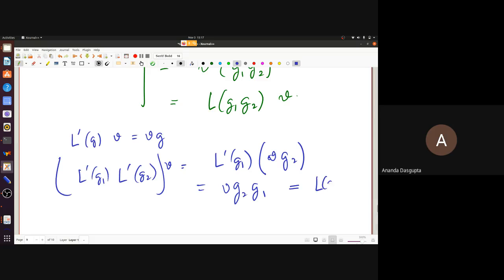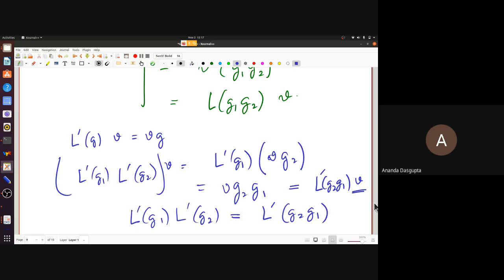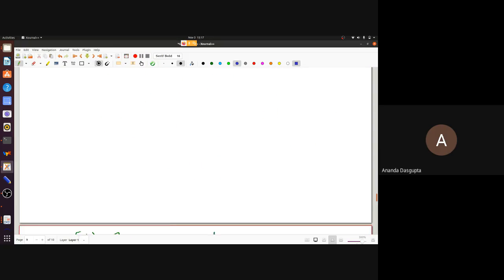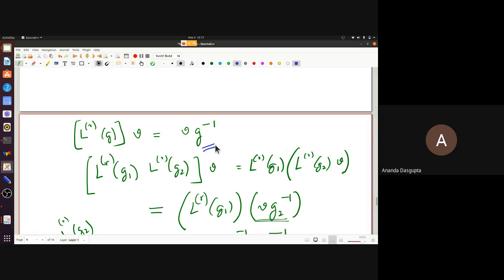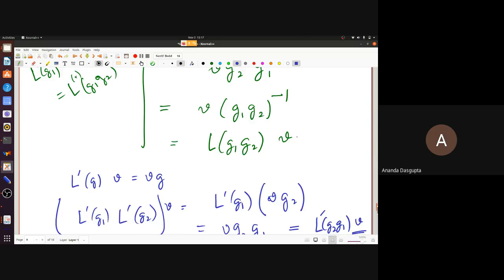But that will be L prime G2 G1 on V. So this map, which maps G to L prime G, would not obey the homomorphism rule. It will give you L prime G1 L prime G2 is L prime G2 G1, which is different from L prime G1 G2. Got it? So the G inverse that we put in the definition is actually critical. That allows this to be a homomorphism, otherwise this would not have been a homomorphism.